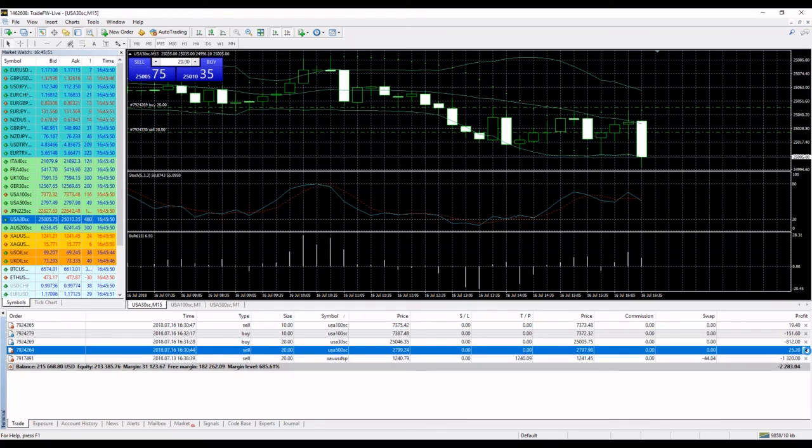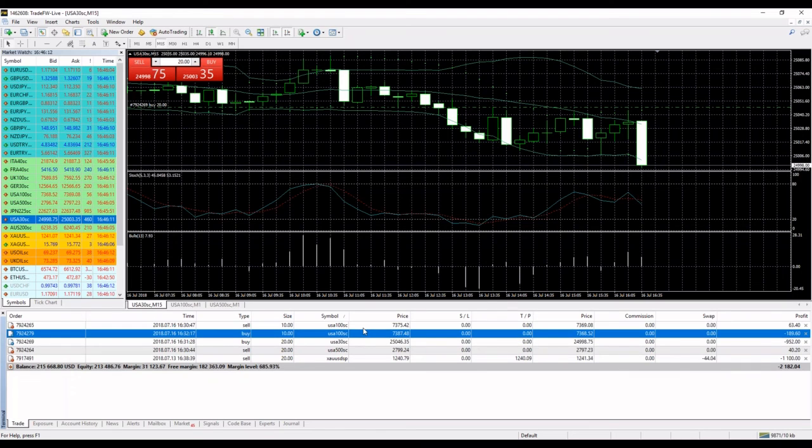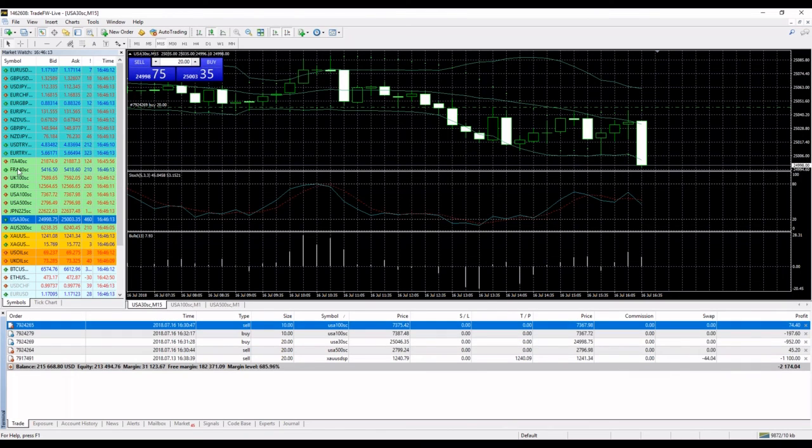I closed this position with $328 on my sell position, and once it turns in the other direction, I will also close my buy position with a small profit. As you can see, I'm not aiming for big profits. I'm aiming for small profits, but it's good.